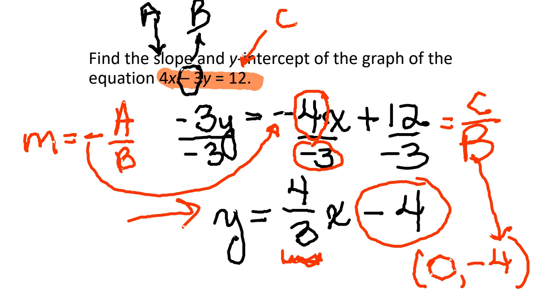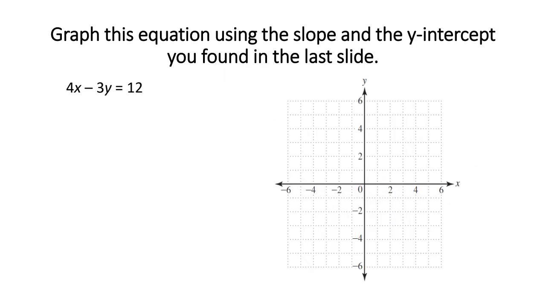Okay, and let me show you why. We had y is equal to 4/3 x minus 4, and I think it was a positive 4/3. Yeah. Okay.